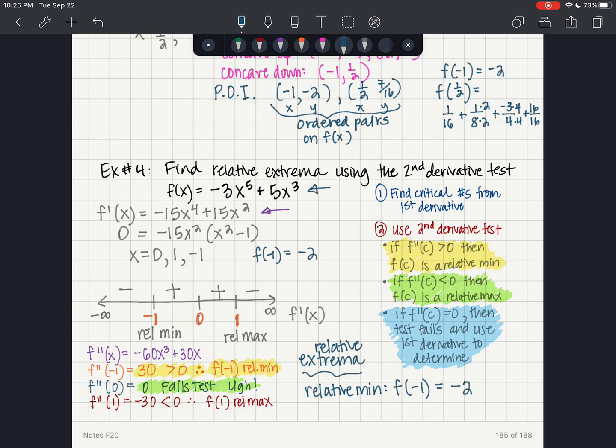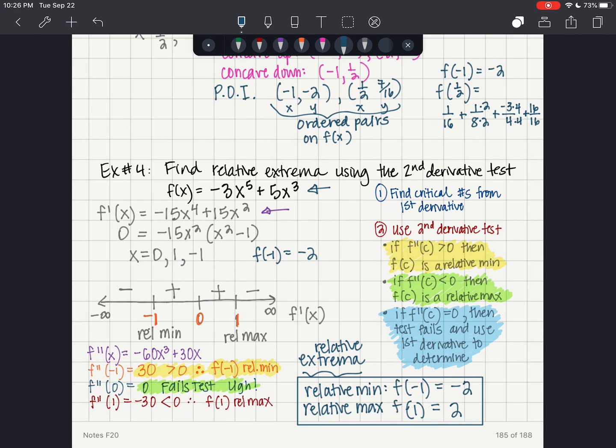So I have a relative min of -2, and I have a relative max, not at, but of, when I put a 1 in, -3 plus 5, which is +2. And that's our answer. Yay.